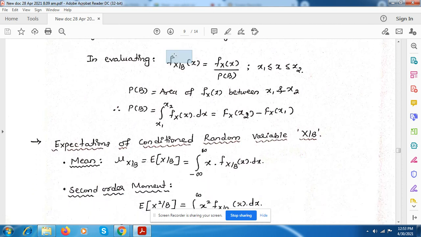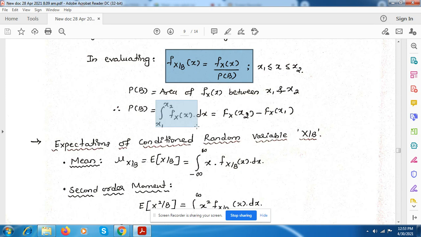So here it is the same equation, and the probability of B, that is the area of f_X(x) between x1 and x2, is what we have seen in the graph. So the probability of B, we can write it as the integration from x1 to x2 of f_X(x) dx.